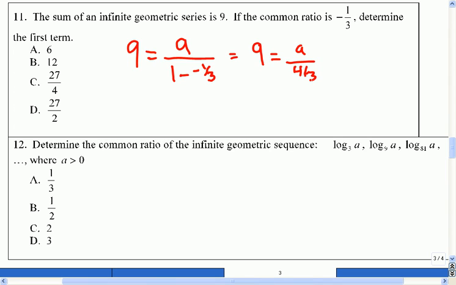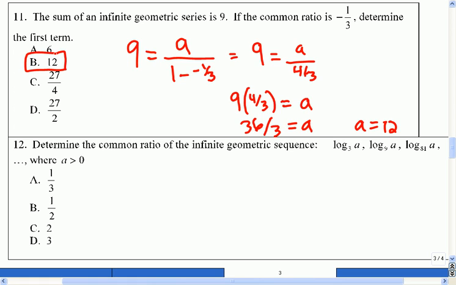So if I multiply both sides, 9 times 4/3 will equal a. So 36 over 3 equals a, which equals 12.